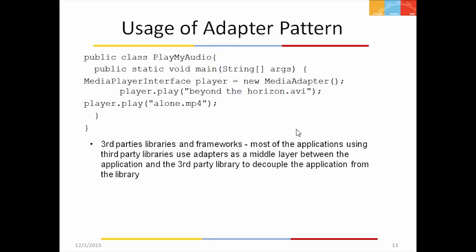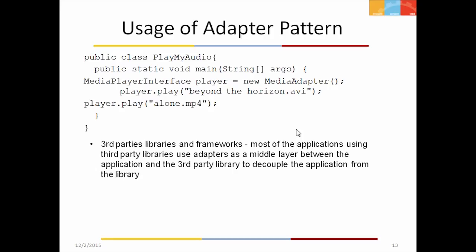Third-party libraries and frameworks are a good example of using the adapter pattern. In many applications which use third-party libraries, an adapter is used as a middle layer between the application and the third party. Basically it is there so that the application is completely shielded and decoupled from the third-party library, because if you want to change the third-party library and provide another one, all you need is to just change the adapter.